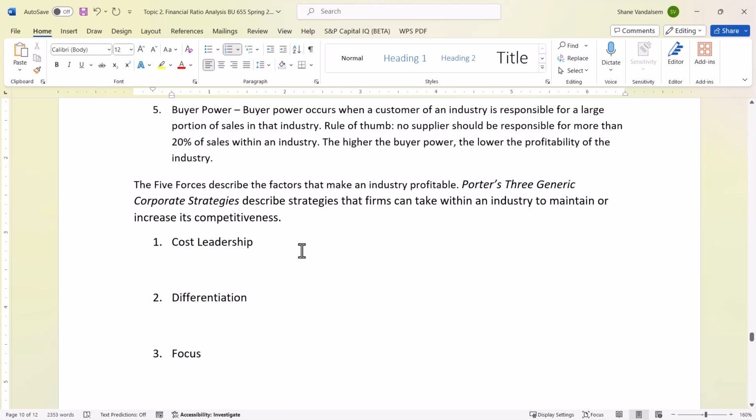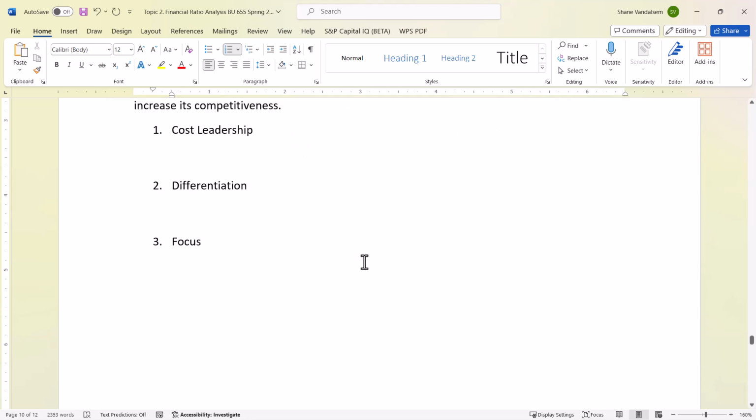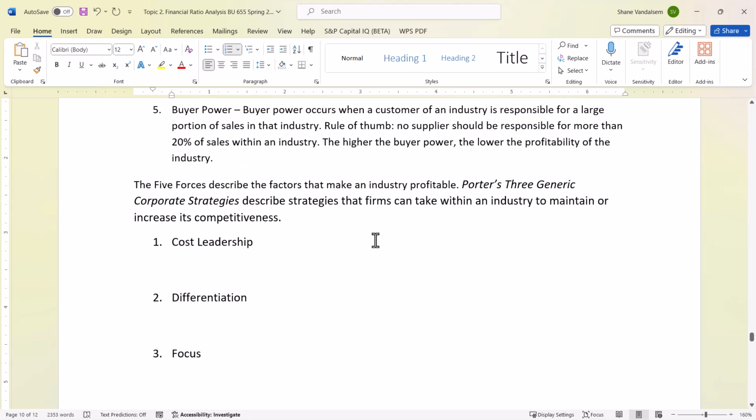We're going to move on now from the 5 forces to the same guy, Michael Porter's, 3 generic corporate strategies. And there are 3 generic corporate strategies that he said firms can take within an industry to maintain or increase the firm's competitiveness. The first is cost leadership.